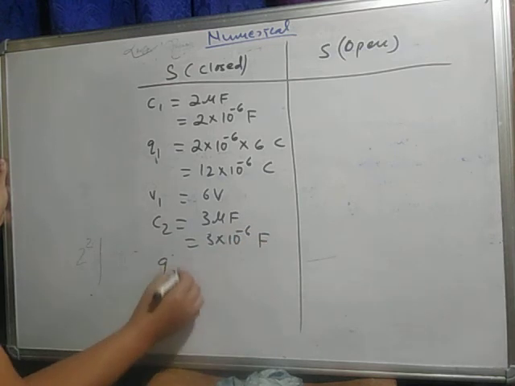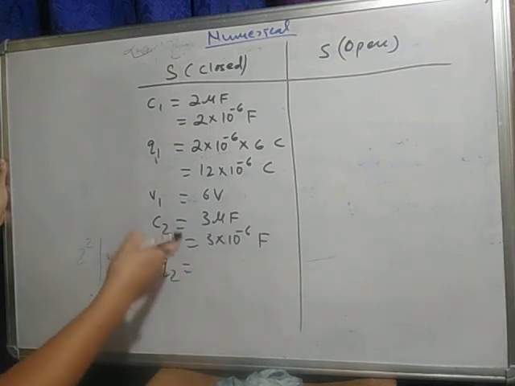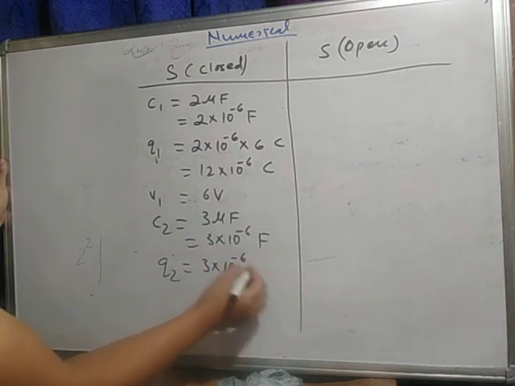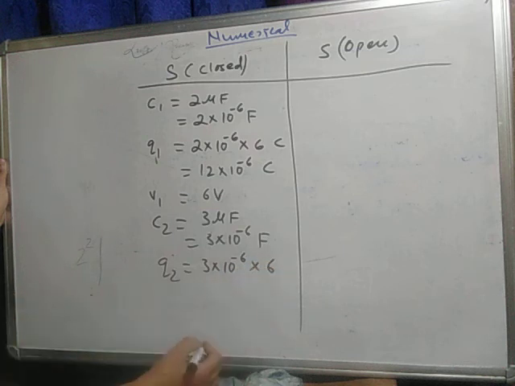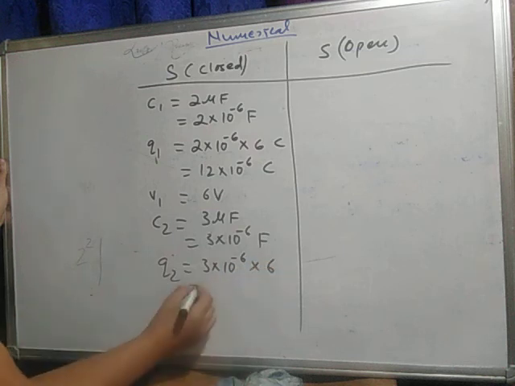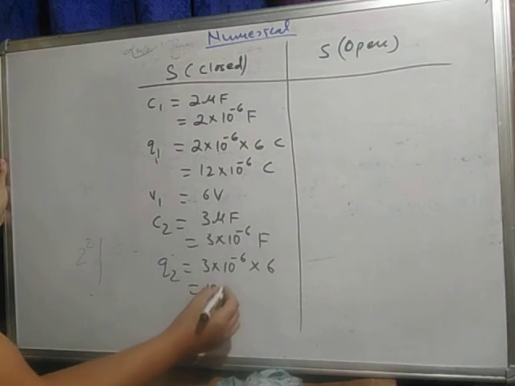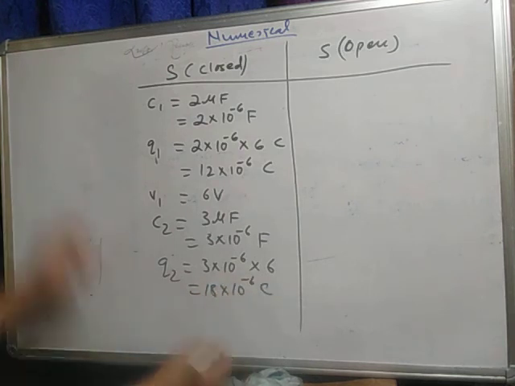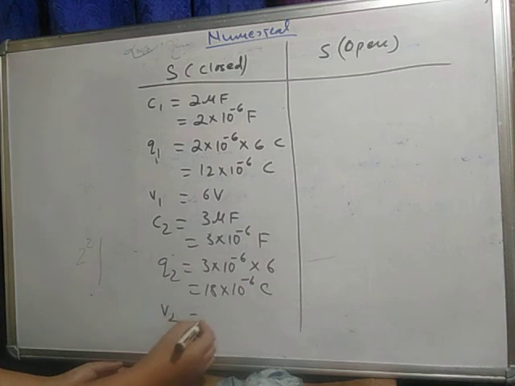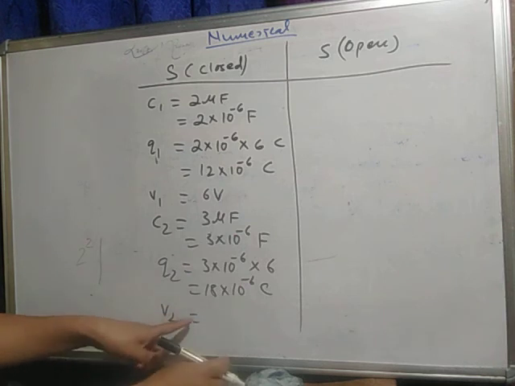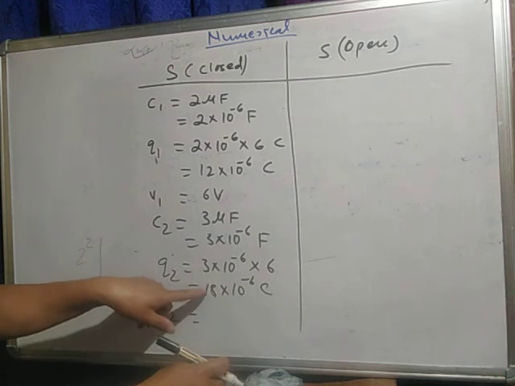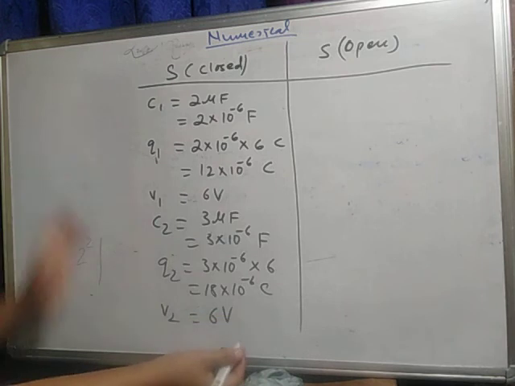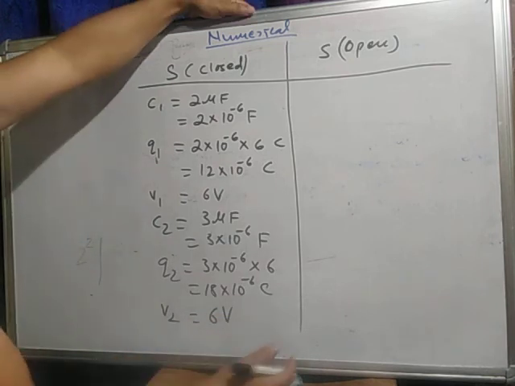Q2 is C into V, so 3 into 10 to the power minus 6 into 6 volt, so 18 into 10 to the power minus 6 coulomb. V2 is again 6 volt, V is the same.